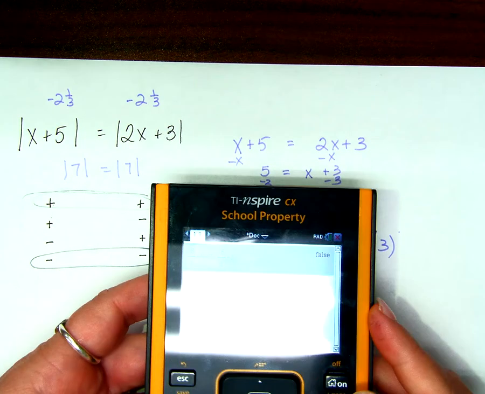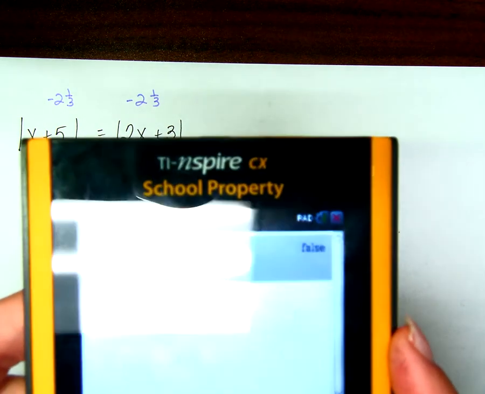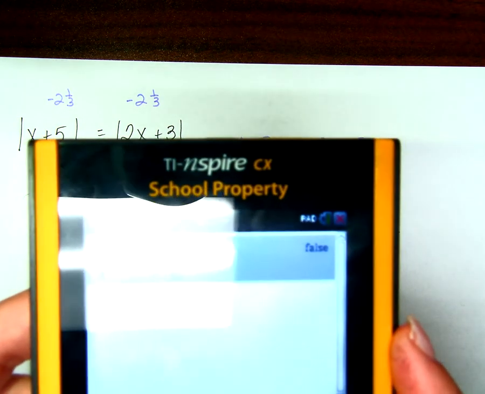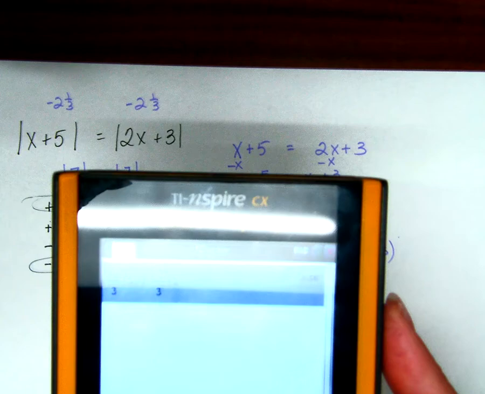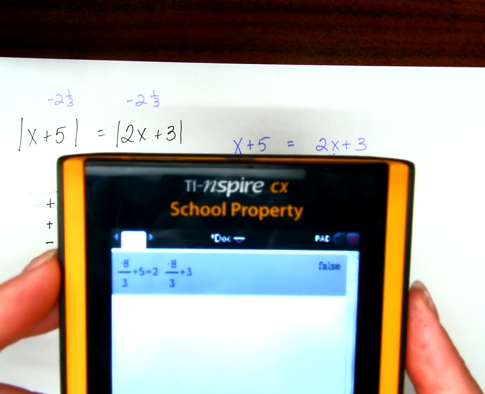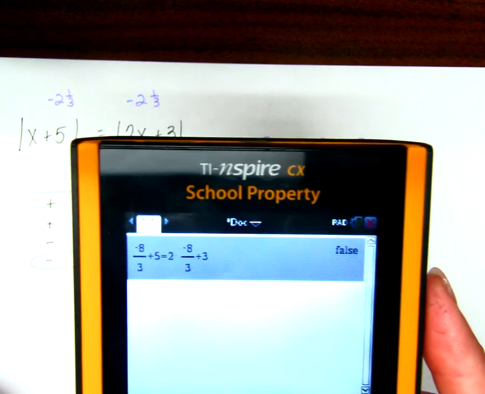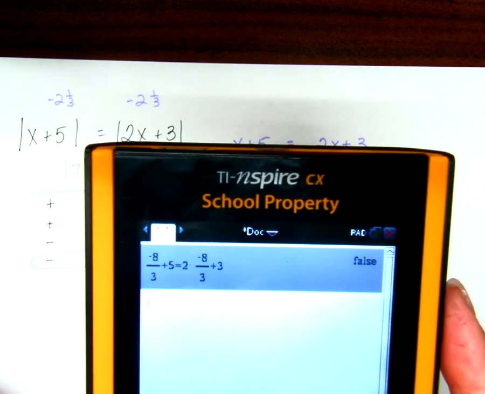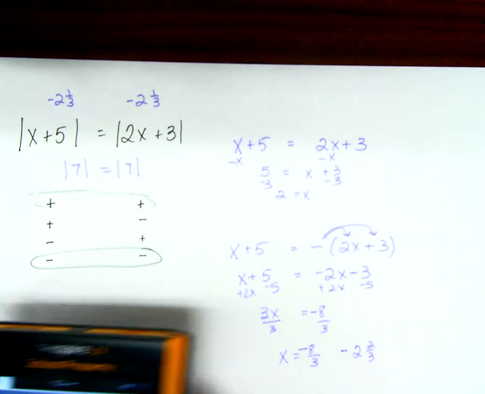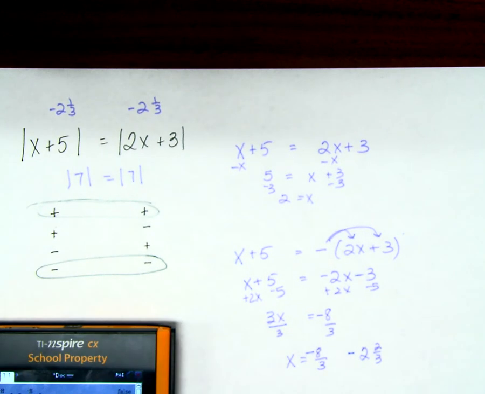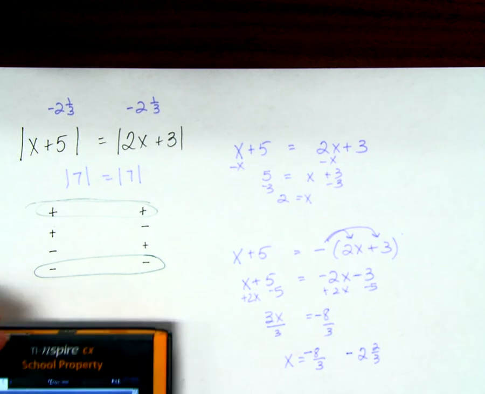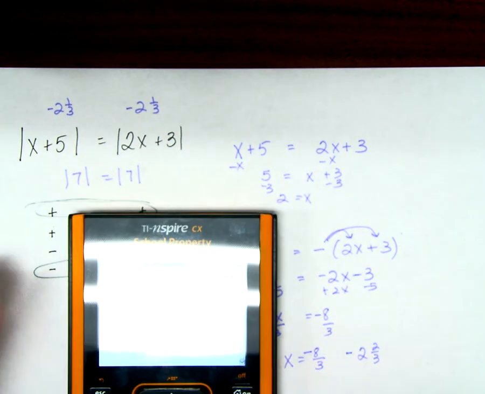Can you see it at all? False. So it's wrong. Except it shouldn't be wrong. Did I put something in wrong? Oh, no, I know what I did. Hold on.